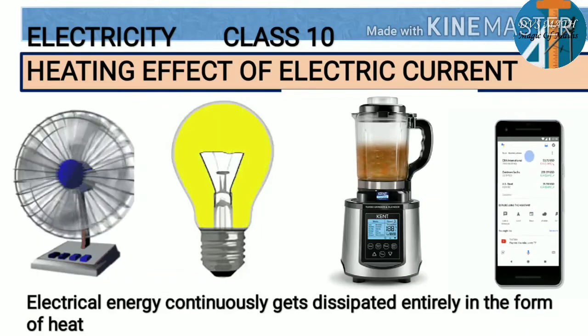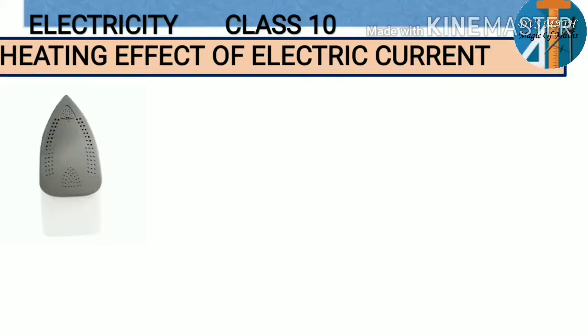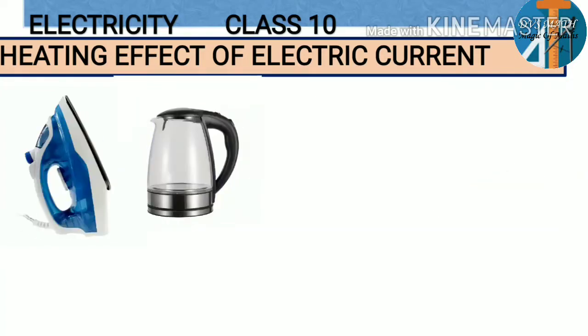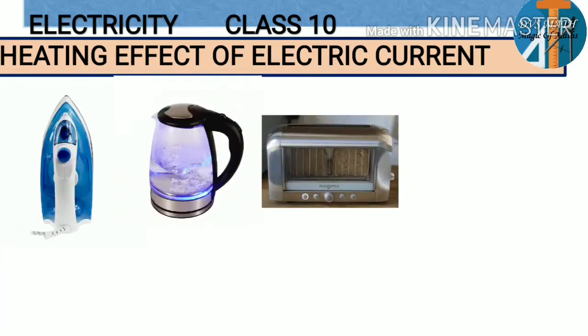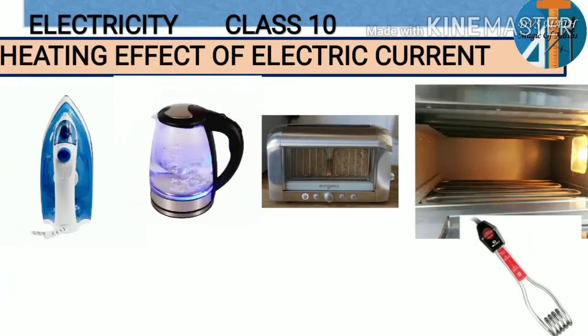But there are also some devices where electrical energy is directly converted to heat energy, like an electric iron, an electric kettle, a bread toaster, an oven, or an induction coil.